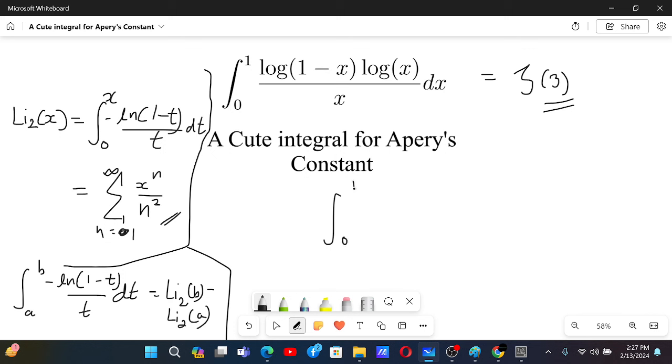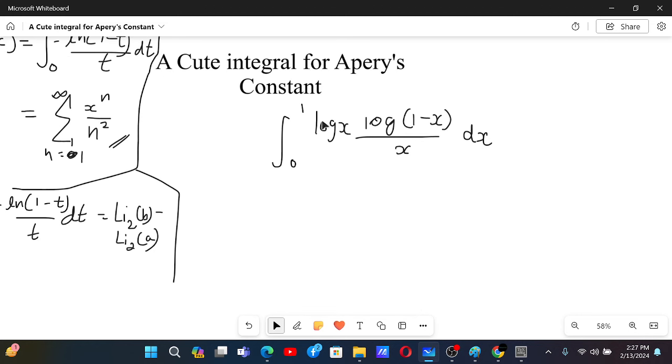The integral from 0 to 1 of log x log of 1 minus x by x dx. Now if we use integration by parts with this as u and this as v, we basically get log x over here.